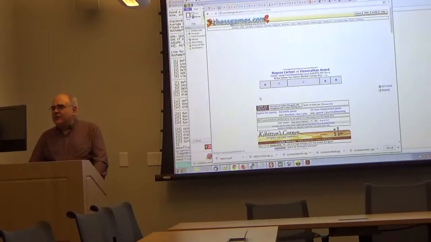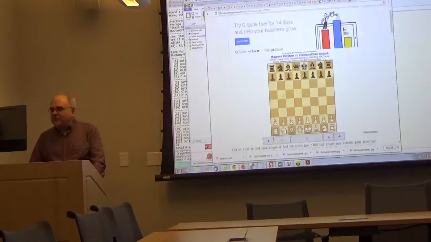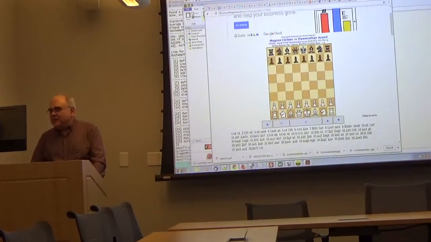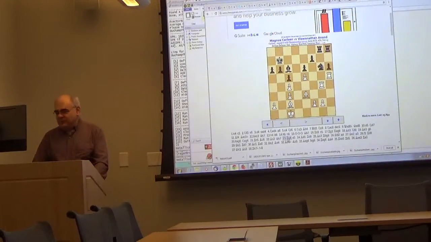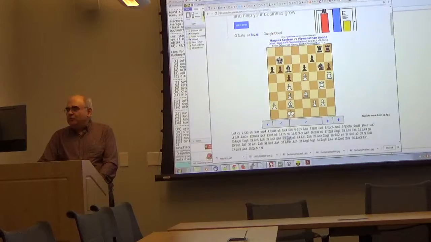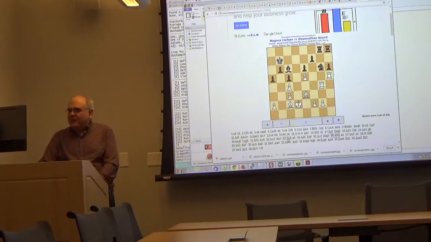Okay, so this actually is the record on chessgames.com of the famous double blunder game. So in fact, if I scroll through the game, if I just play a few moves, here Anand moved that pawn, then Anand moved his rook, and he moved his rook back. So this was a repetition of moves, and then Anand went back to that pawn, and then after Carlsen got his king out of take, Anand moved his pawn again.